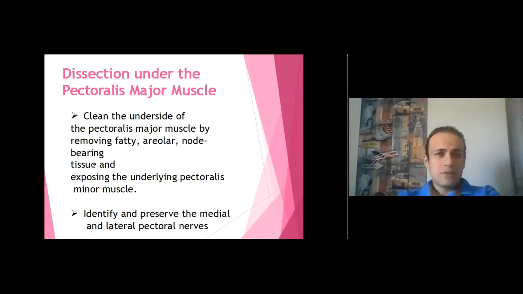If we need to dissect under the pectoralis major muscle, for example, for removing the lymph nodes, we can elevate the pectoralis major muscle by removing fatty areolar node-bearing tissue, and we expose the pectoralis minor muscle. We should, of course, identify and preserve the medial and lateral pectoral nerves to avoid post-operative pain and sensory distortions.